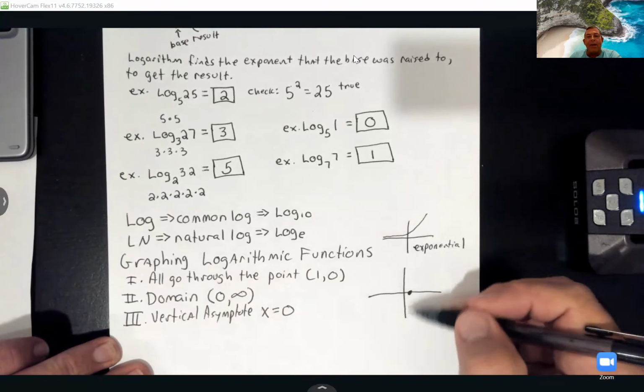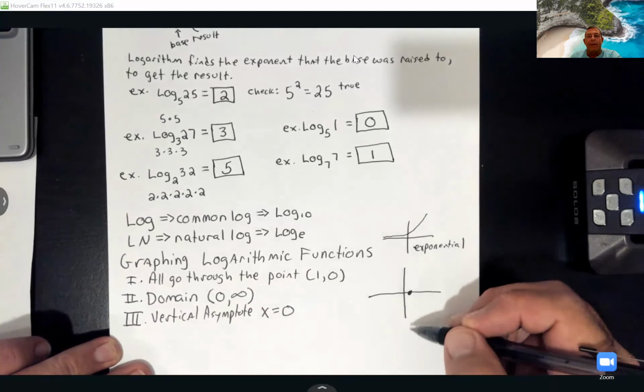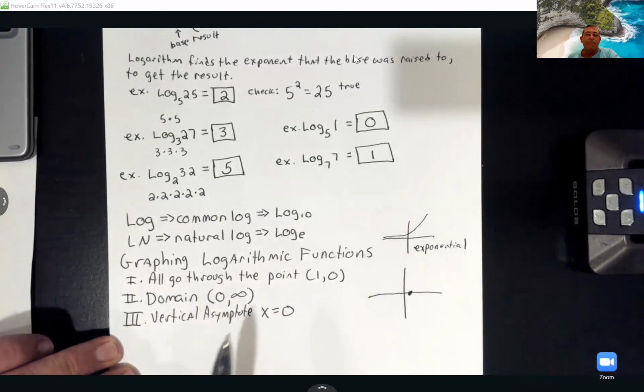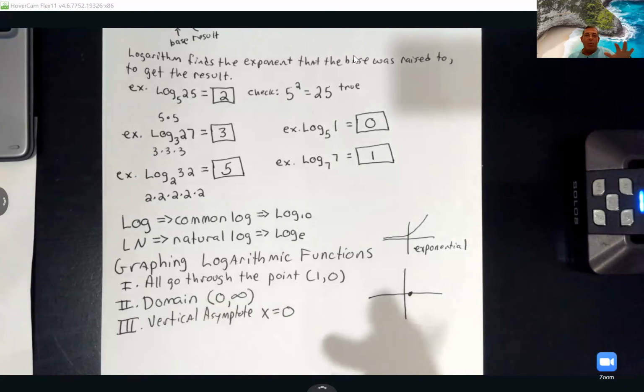That means it cannot cross the y-axis, because it's like a vertical asymptote there. That's because, y'all, it doesn't matter what my base is. There's nothing that I can do to a logarithm to get an answer of 0 out of it, okay? Nothing we can do in the real world.